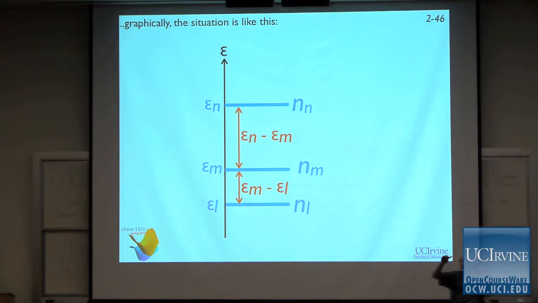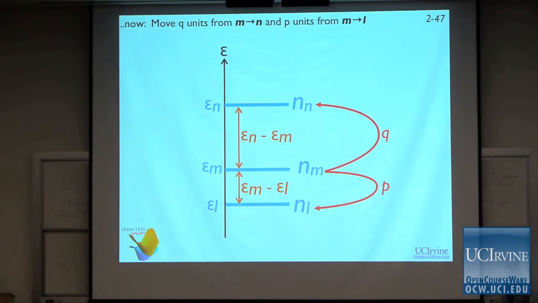Now we're going to shift. We've got some number in state N, some number in state M, some number in state L. We're going to move Q guys from M into N and P guys from M into L. We're going to choose P and Q so that we maintain the same total energy.